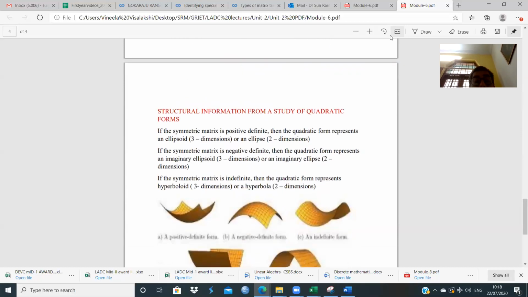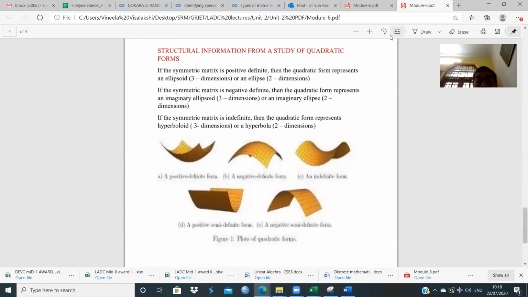Now, these 5 diagrams will explain the 5 different definiteness of quadratic forms. Now, the first example is a positive definite quadratic form. So you can see that there is a valley-like structure. So a positive definite quadratic form is a way to explain function minimization.